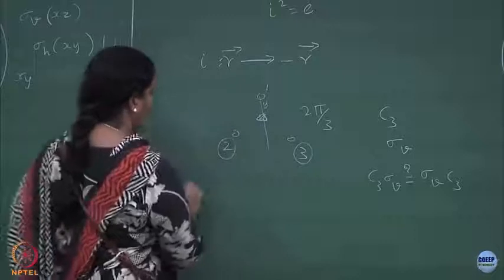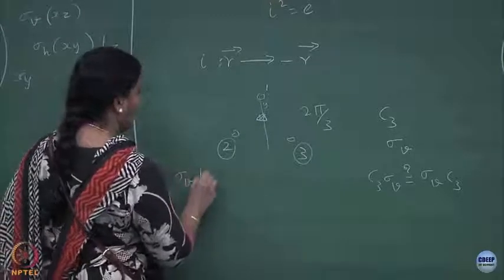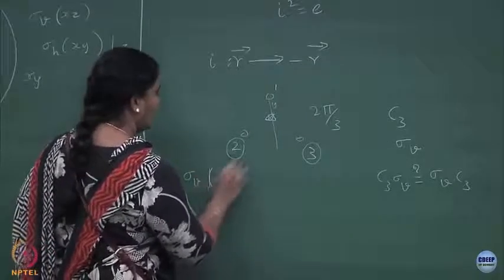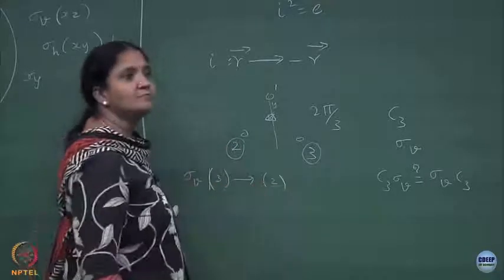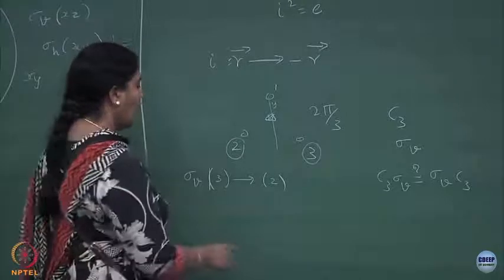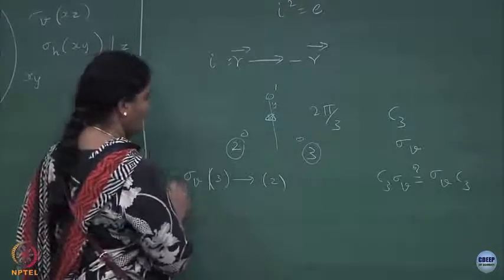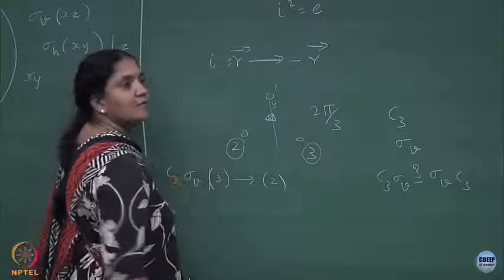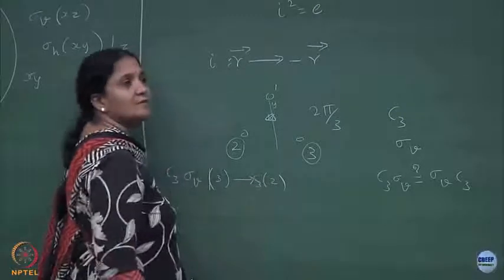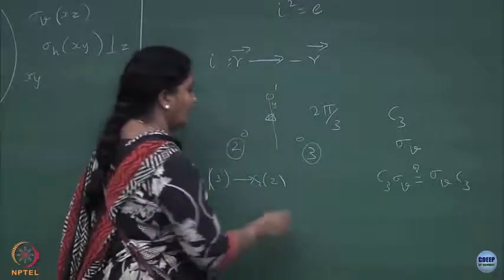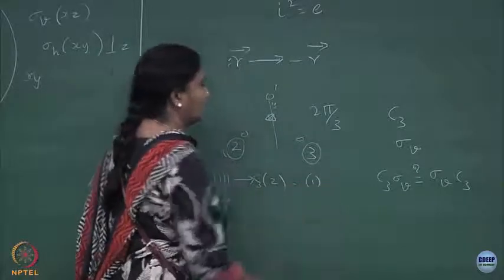So, let us do that, sigma v on atom 3, it goes to atom 2. And now I want to do a C3 on it, C3 on that will give you atom 1.